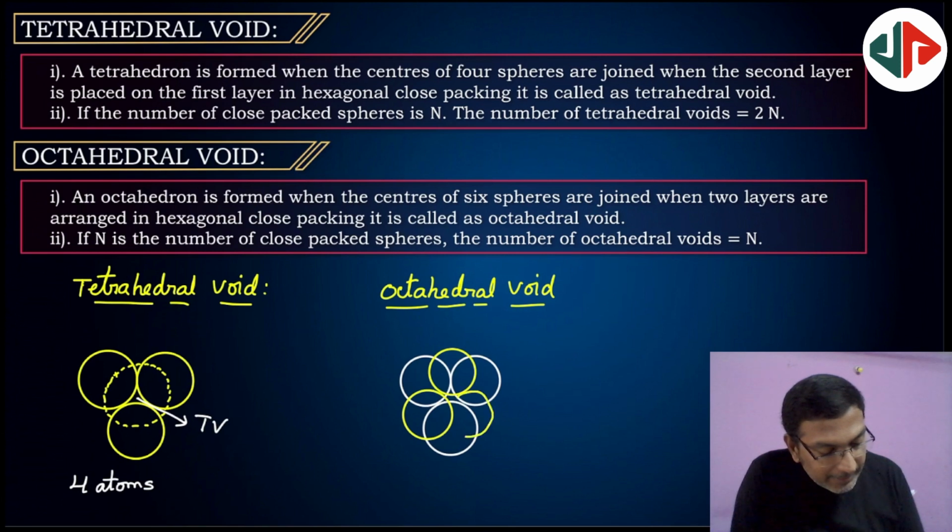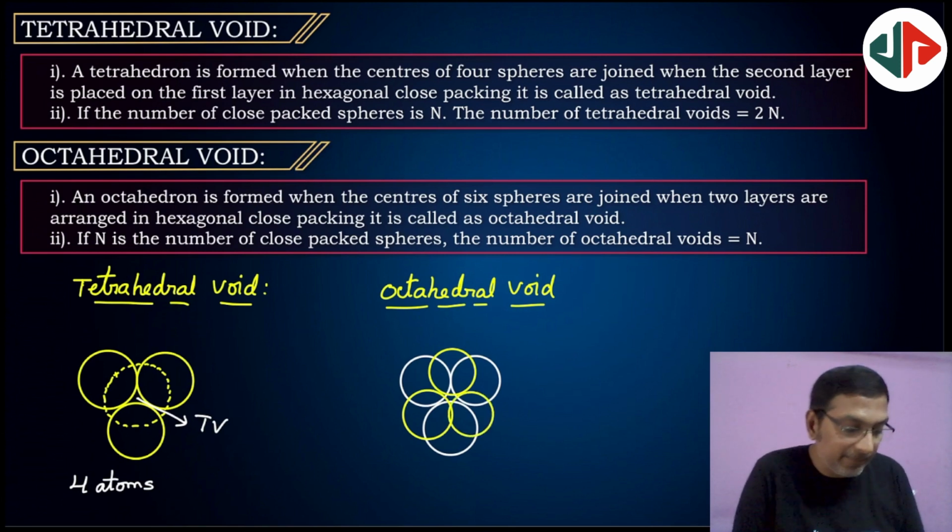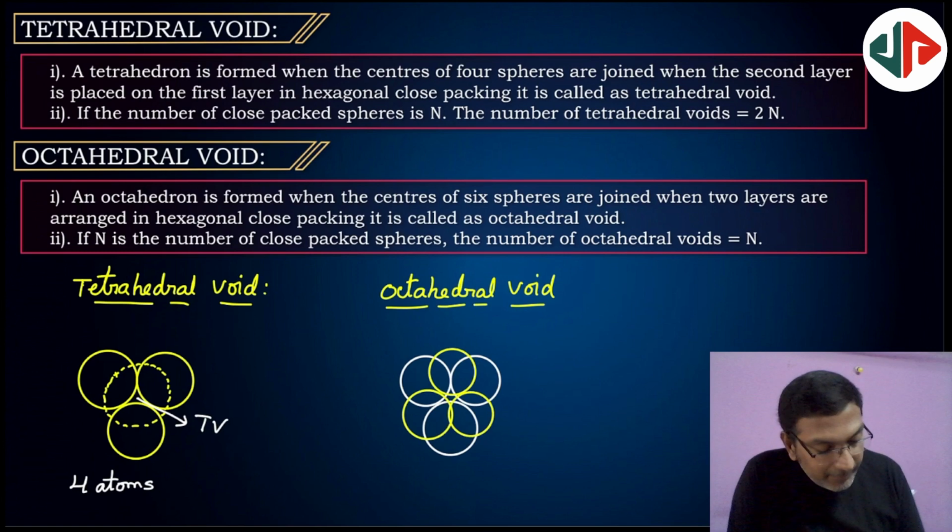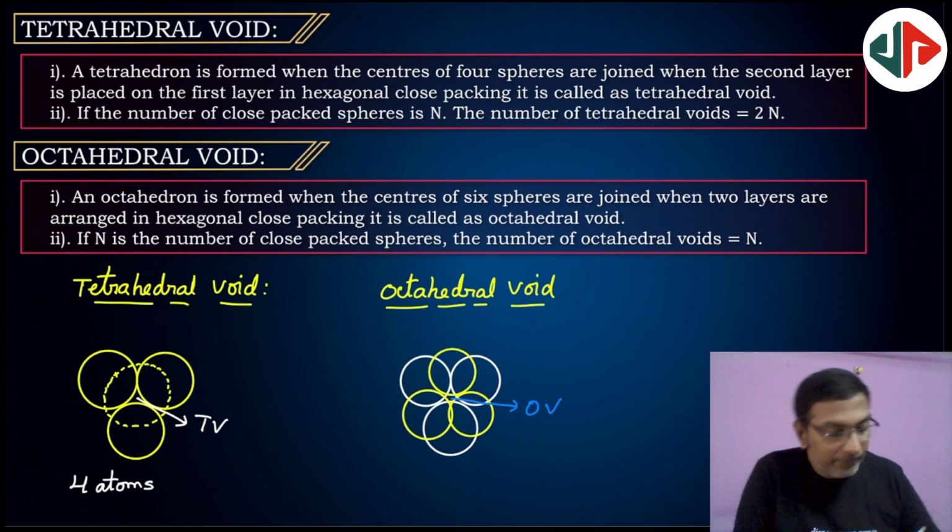That means in the second layer in opposite direction. So here the void will be the center space. This point will be octahedral void.